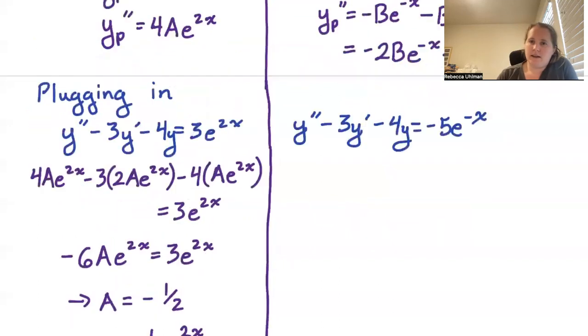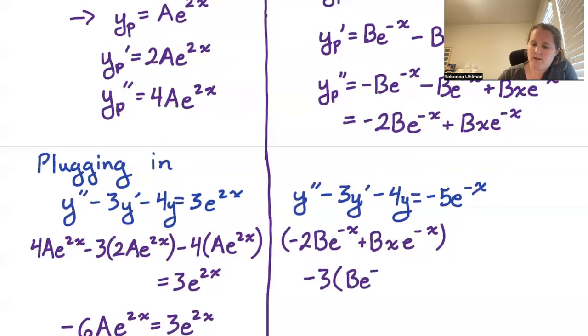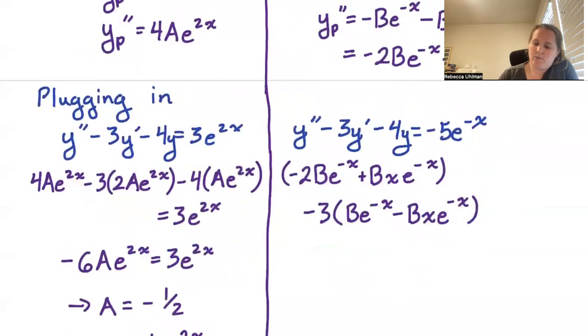On the right-hand side, if we plug in, we have a negative 2b e to the negative x plus bx e to the negative x. Then we have a minus 3 times b e to the negative x minus bx e to the negative x. Then we have a minus 4 times bx e to the negative x.